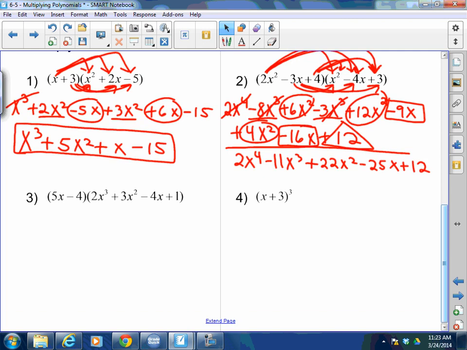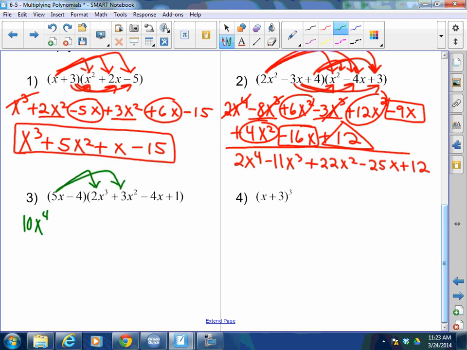Two more. 5x times 2x cubed is 10x to the fourth. 5x times 3x squared, 15x cubed, very good. 5x times negative 4x, very good. 5x times 1, no, it's 5x.